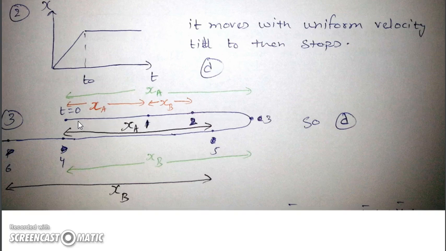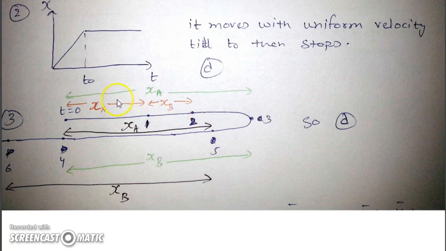It might be the case that it takes more than 20 seconds to stop. So it will move xa in the first 10 seconds, and then xb in the next 10 seconds, because it is retarding throughout the motion. So xa will be greater than xb.